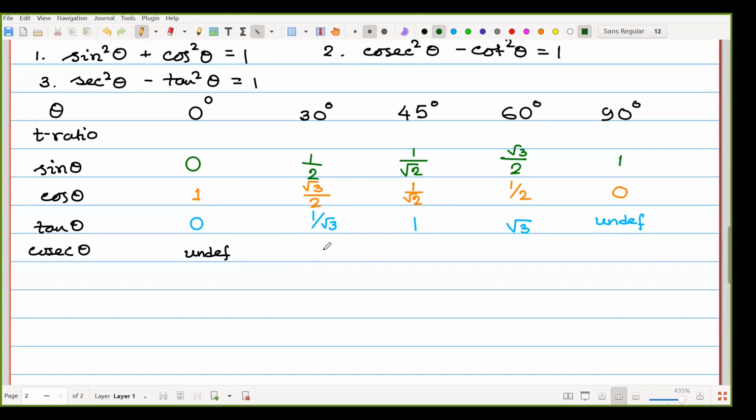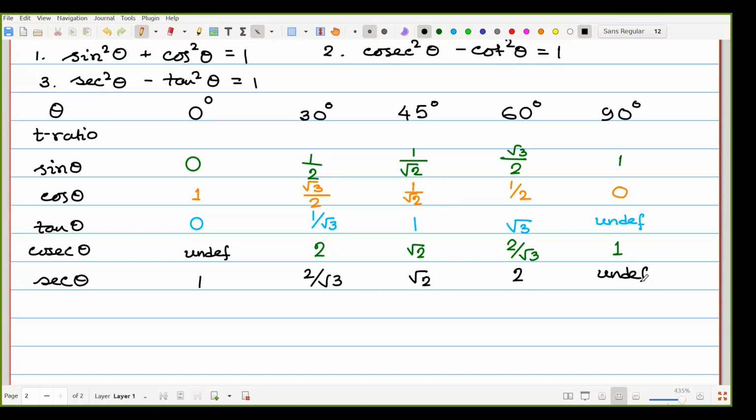Next one, cosec 30 degree, 1 by 1 by 2 is given here, so that is 2, that must be root 2, that must be 2 by root 3, and that one is equal to 1.